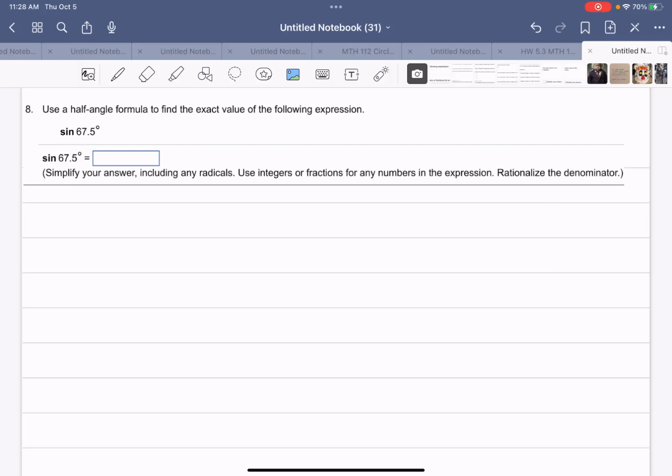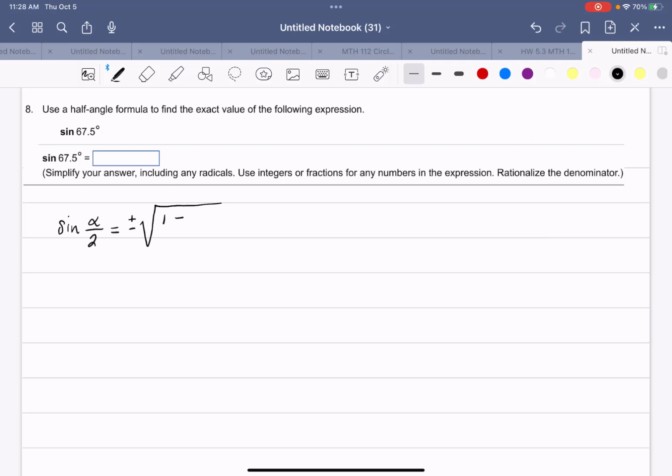Well, my half-angle formula for sine of alpha over 2 is plus or minus, and I'll explain that in just a minute, the square root of 1 minus cosine alpha divided by 2.